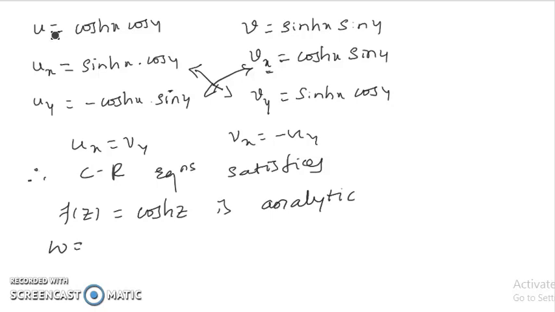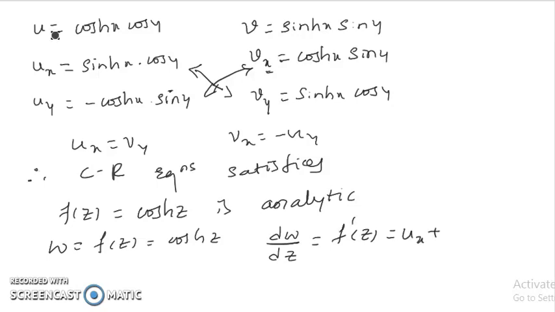So w is equal to f(z), which is cosh z. Then its differentiation dw/dz is equal to f'(z), which we can write as u_x plus i v_x.